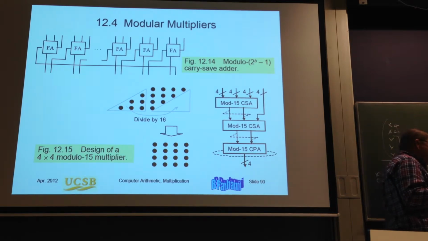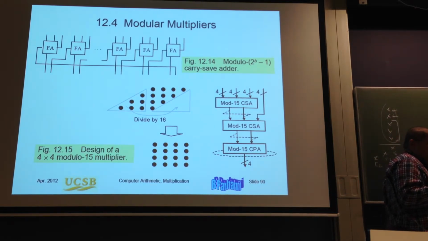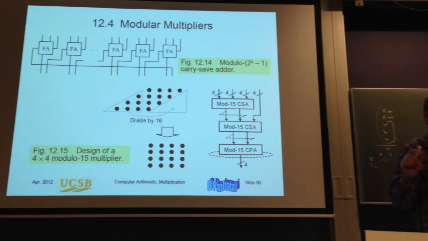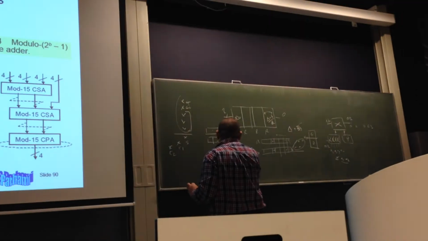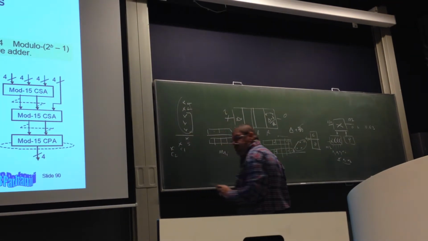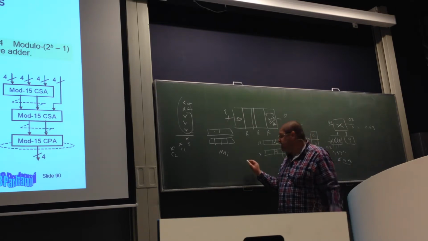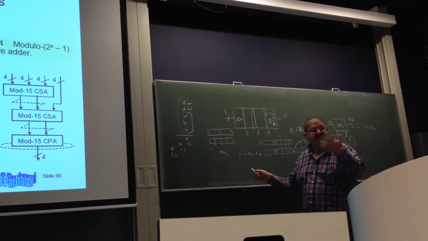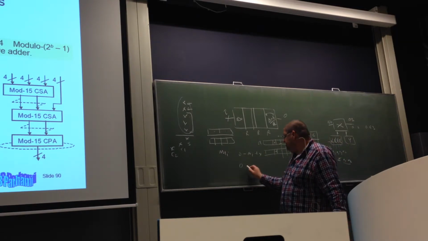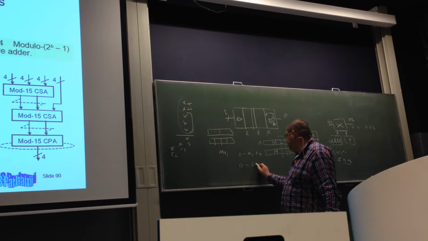Okay, now, when we are doing modular addition, let's say this is an Mi channel, and we had 2 operands, which are between 0 and Mi minus 1. And if I add them, I have a result which is between 0 and 2 Mi minus 1.